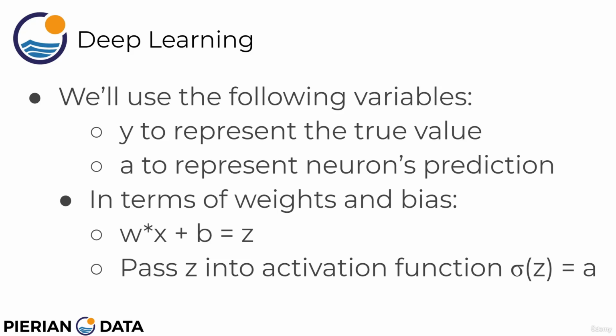All I'm trying to say here is that a represents that final output of a neuron, which takes into account what the activation function was, and also z, which in turn takes into account the weights and the biases. So just keep in mind that a holds a lot of information about the activation function, the weights, and the biases.